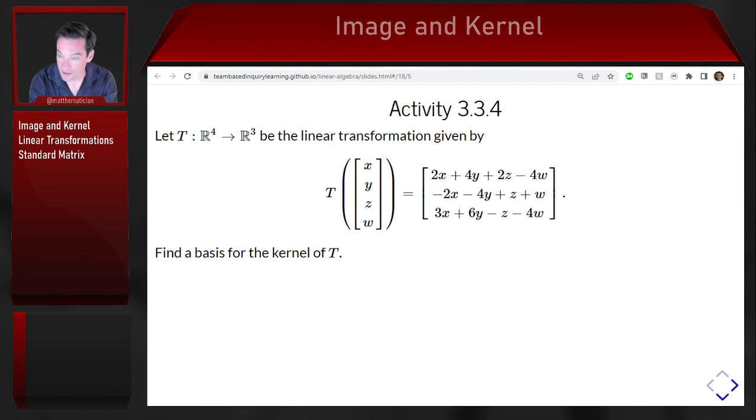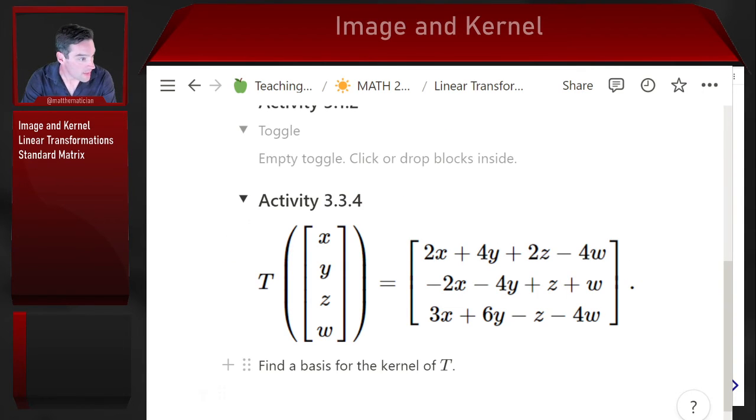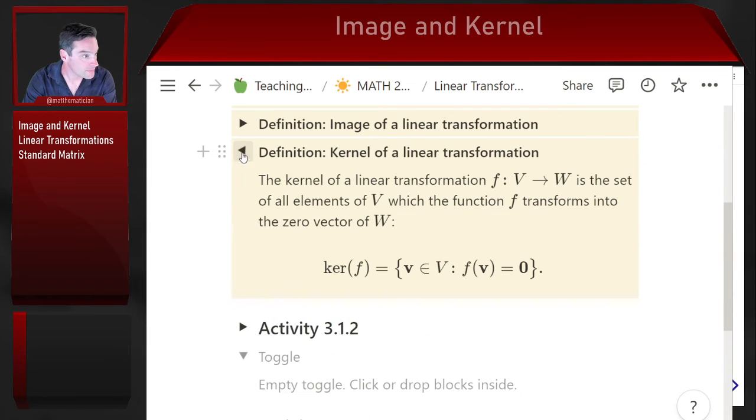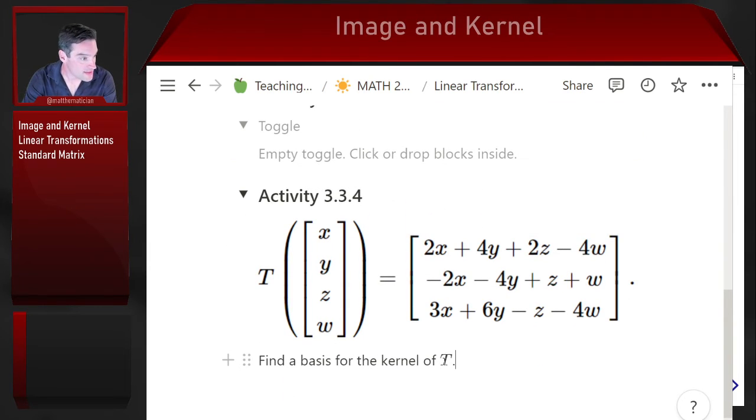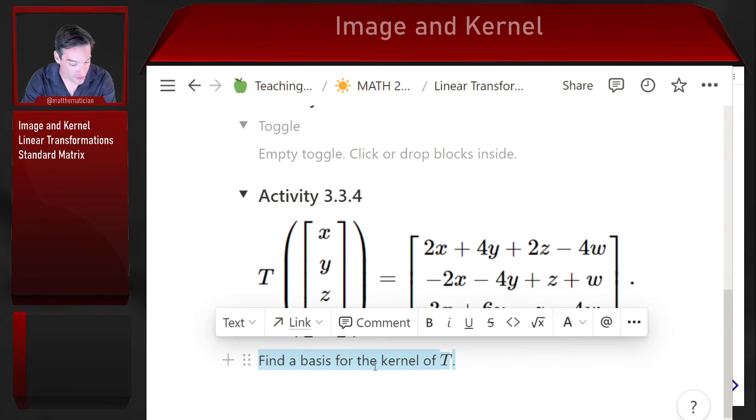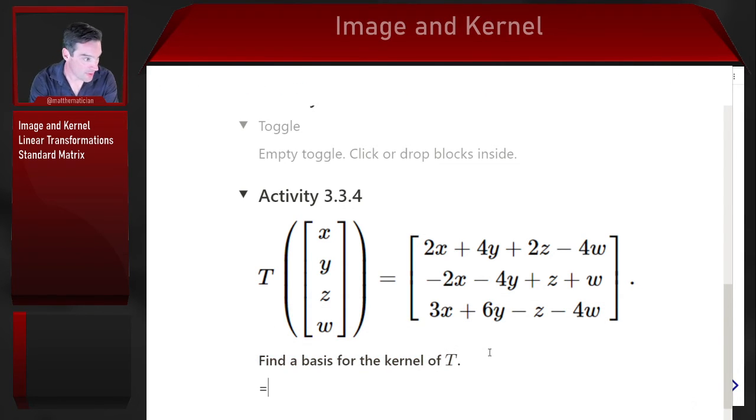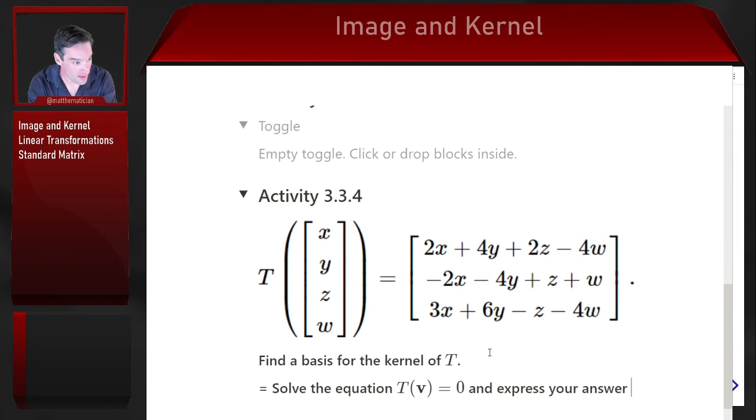then that will help us get off to the races on this problem. So this is activity 3.3.4. To do this task, remembering that the kernel is by definition the solutions of the equation f of v is equal to 0, really all that we're asking, if we're trying to find a basis for the kernel of T, is exactly the same question as: solve the equation T of v is equal to 0 and express your answer as a span of a linearly independent set of vectors.